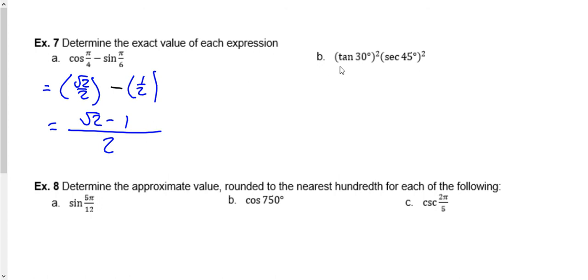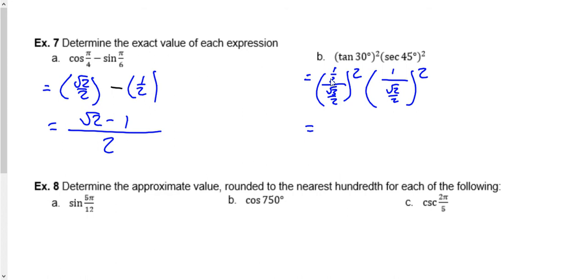On this one here, we're going to do a bit more work. At 30 degrees, tangent is the same thing as saying 1/2 divided by root 3 over 2, and of course tangent was all squared, so we have our square there. Secant is 1 over cos 45, and at cos 45 we are at root 2 over 2, and all of that's going to be squared.